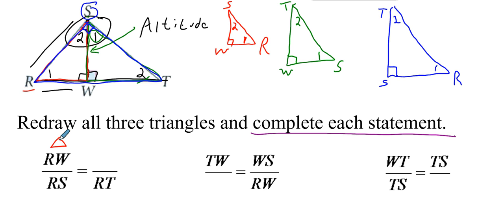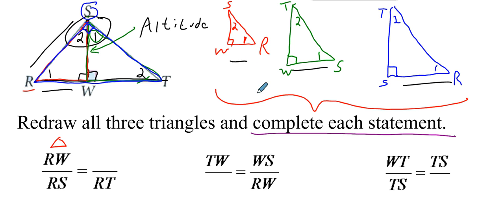Then I look at these three redrawn triangles and identify the sides down here. Those are our bottoms, these over here are our sides, and these are our hypotenuses.